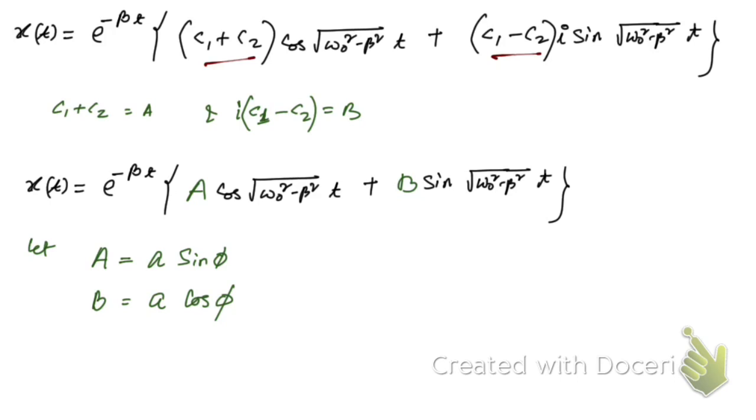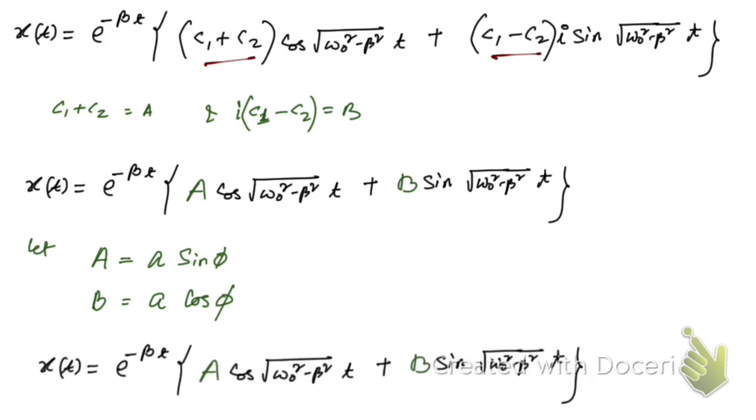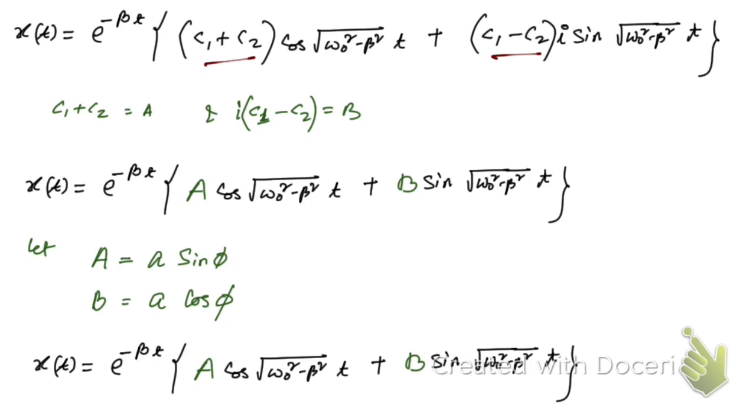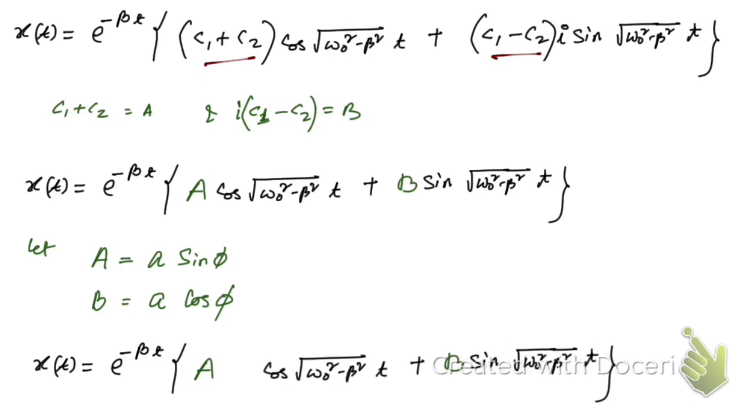Just give me a second. So let me replace A and B by those values we have considered. A is replaced by small a sine phi and B is replaced by small a cos phi.